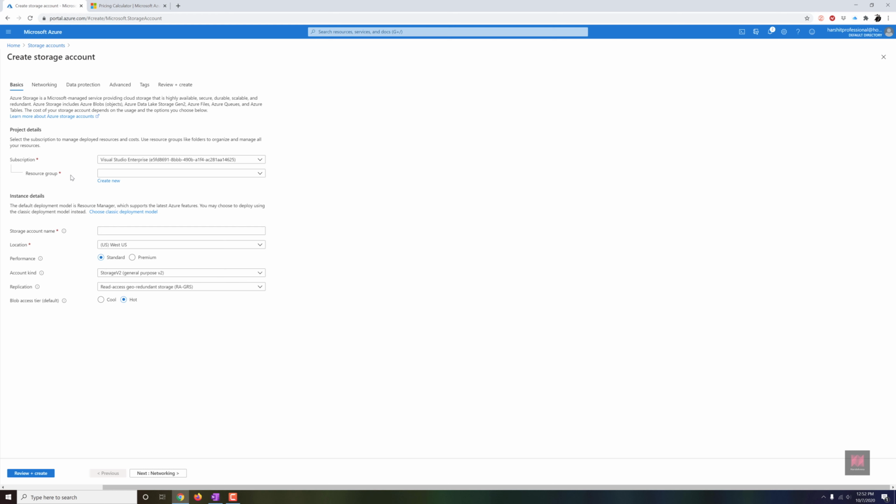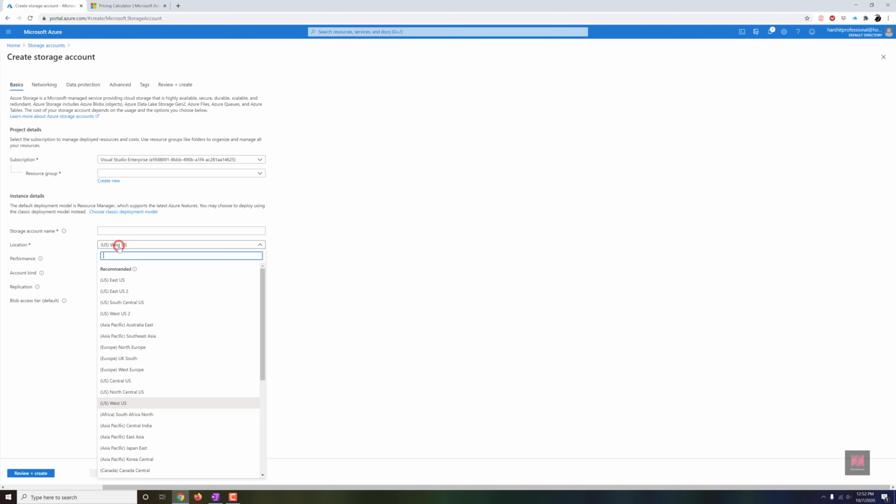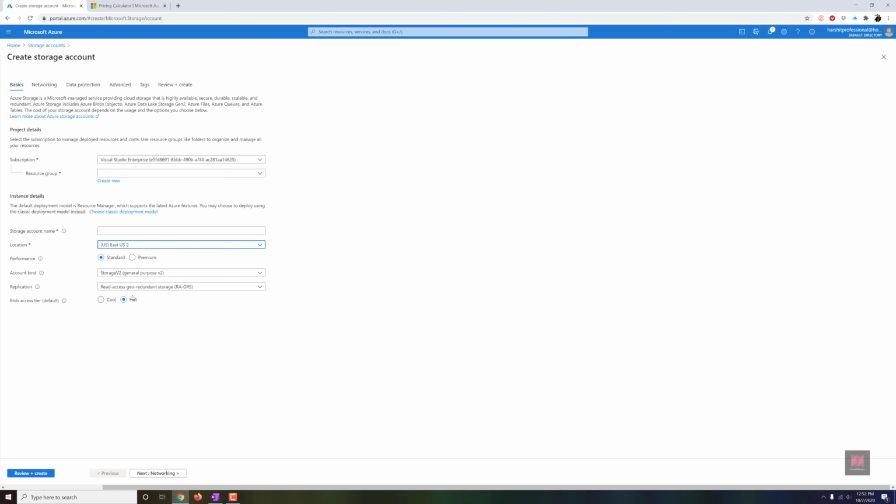So you need to be aware of which region has fully functional availability of all these options. Or if you simply would like to create LRS and GRS, I think any region in Azure is perfectly fine for you. As an example here, I'm going to choose the region East US2, because in East US2 we can find the maximum available options for storage replication type.